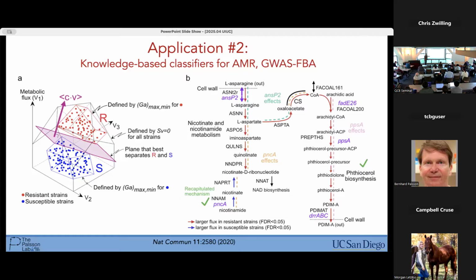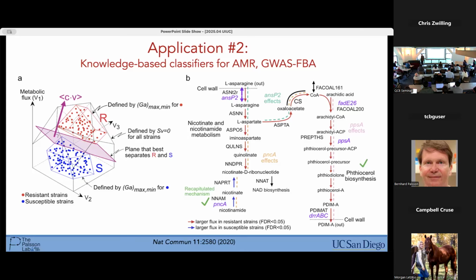And since this is a flux space, this plane corresponds to a metabolic process. And that metabolic process is shown to the right in this slide. And all the known resistance genes associated with this antibiotic in this strain are marked there with these check marks in green. So FBA can give you that whole pathway as being the pathway that separates resistant from sensitive strains.